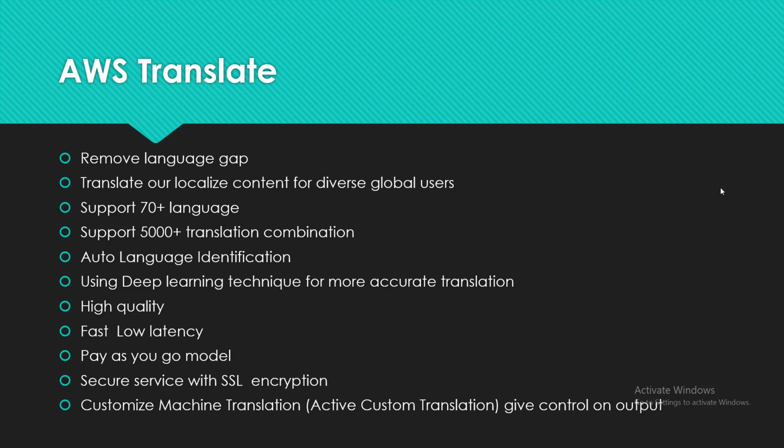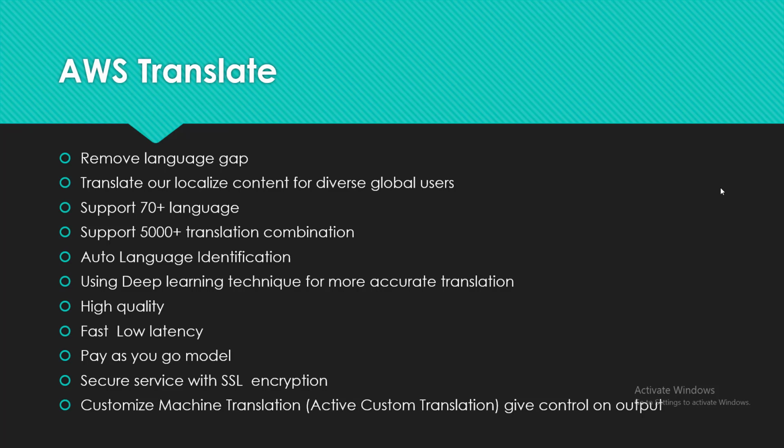So language should not be a barrier. This will remove the language gap. Whatever language you are picking, you can translate into the desired other language. So you can translate any local language into a diversified global language.